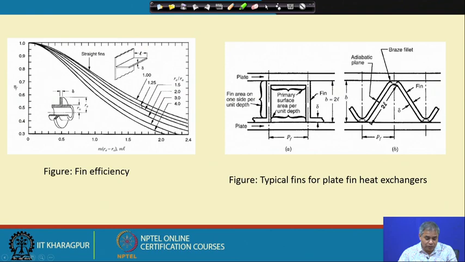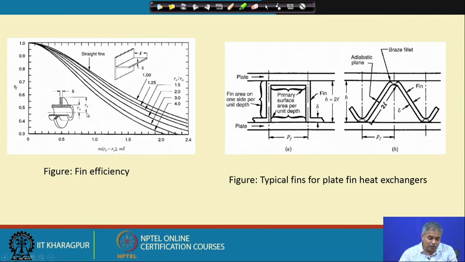Then below the top curve there are 5 curves. They are for the radial fin or annular fin, sometimes called circular fins, that means a fin around a circular tube. Here we have to calculate m into (Re minus Ro).